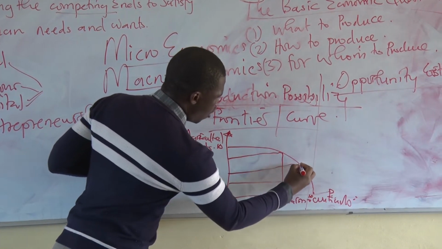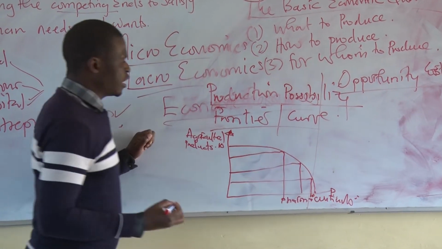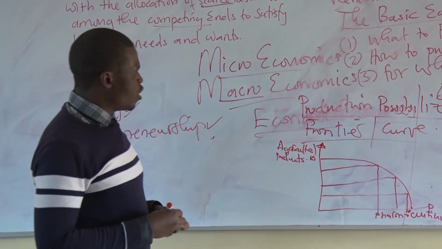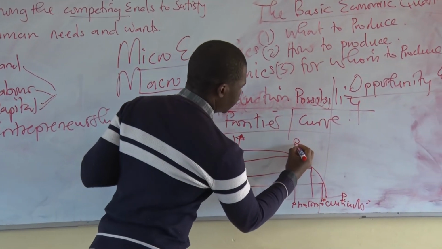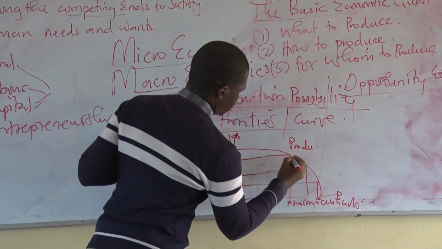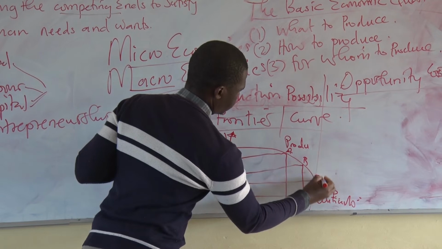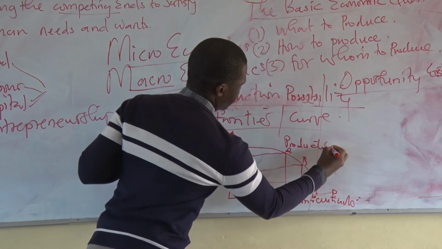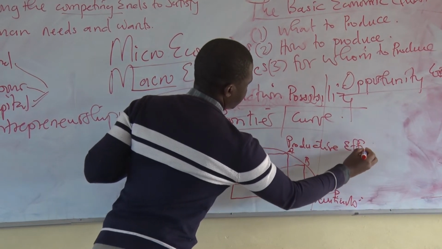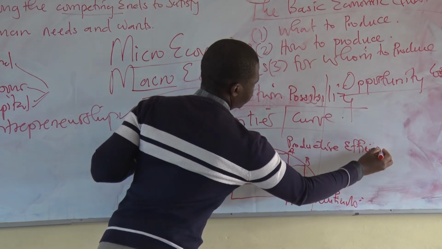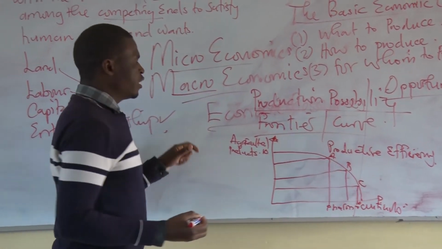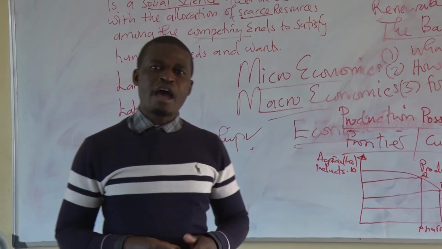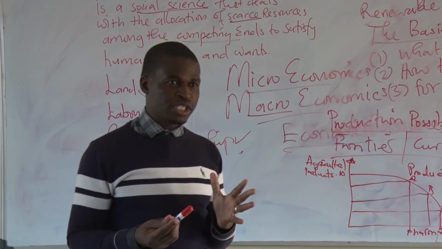So along the boundary of the production possibility frontier, it shows productive efficiency. Productive efficiency simply means we are fully utilizing our resources.